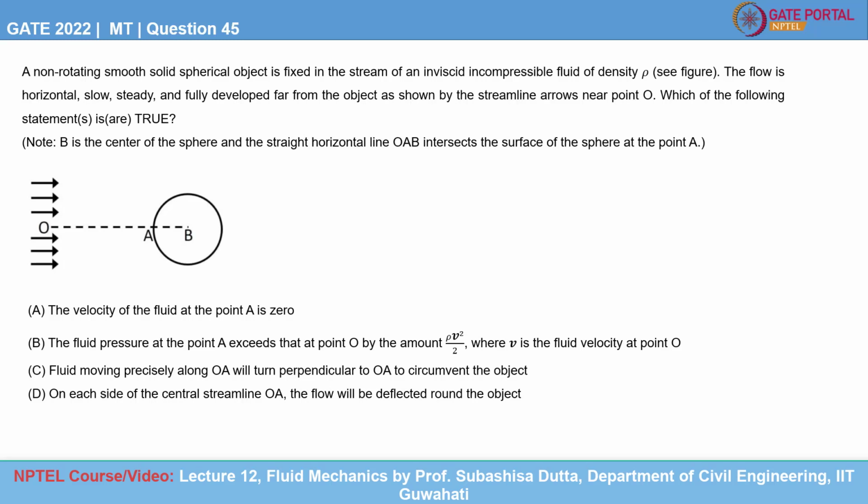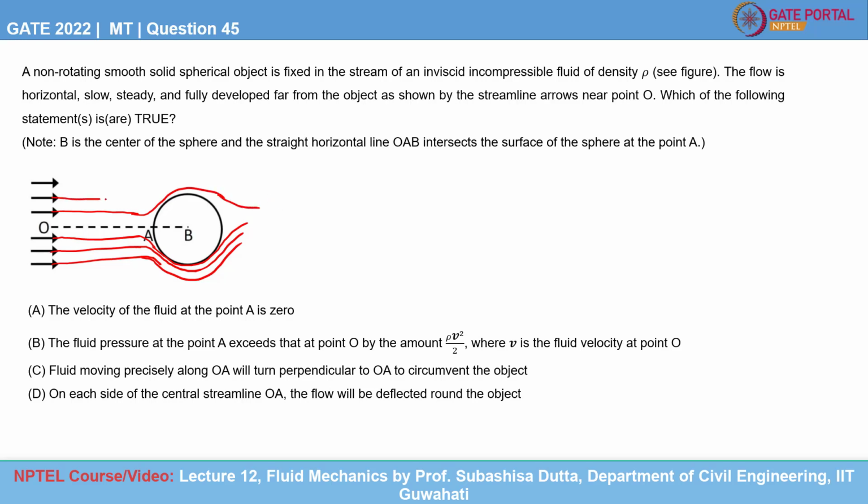it can be seen that the streamlines, when they are moving towards the sphere, are deflected by the stationary sphere, and since it is given that the sphere is smooth in surface, we can ignore the frictional effects.